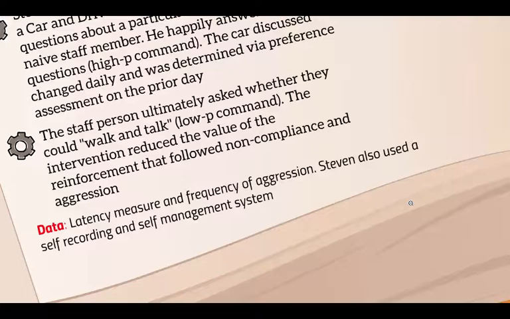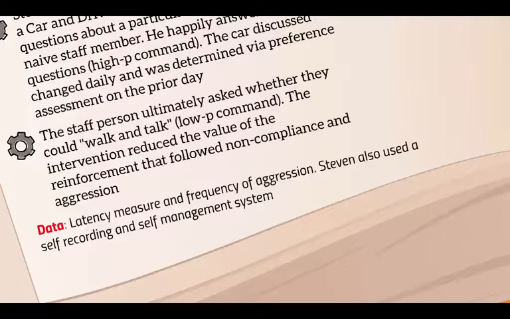So we did latency measures at baseline in terms of Stephen getting off the bus, and then we looked at the latency once we had the high P, low P intervention in place, and sure enough, that latency significantly shortened. We also measured the frequency of aggression as well. It's a discrete behavior. It was very simple to get a frequency count on, and that was the other measure that we had in place.